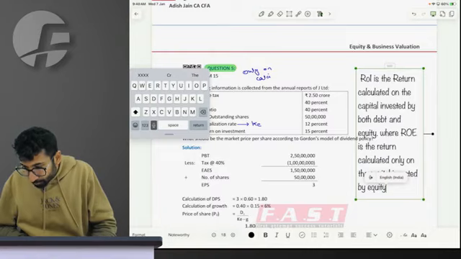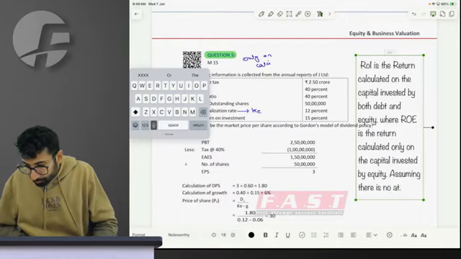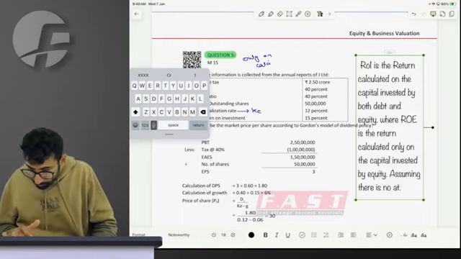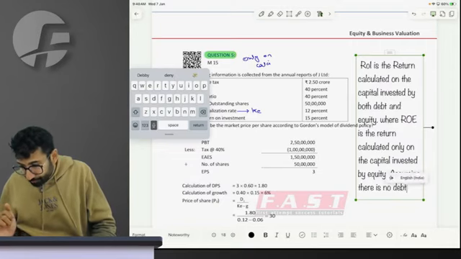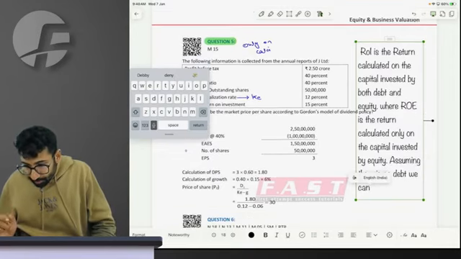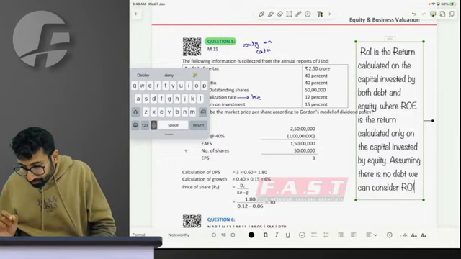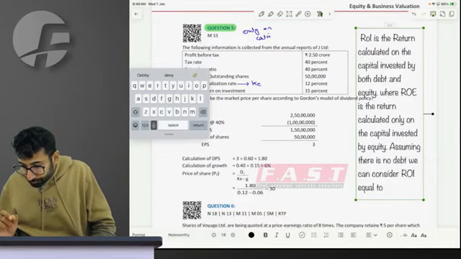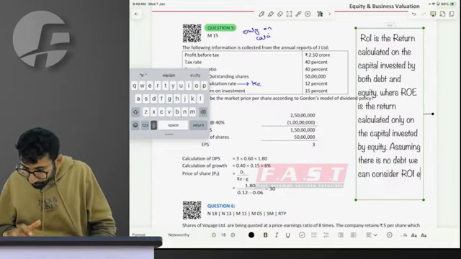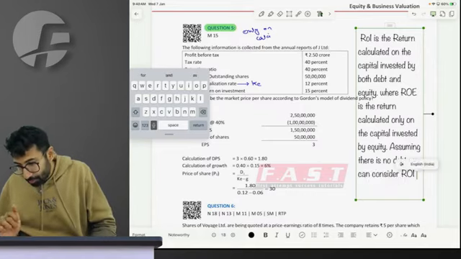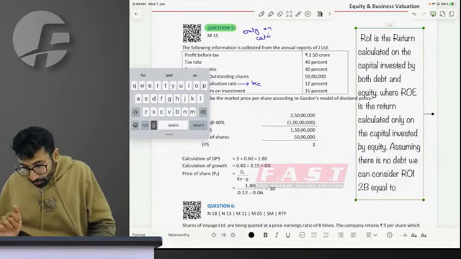Full stop. Assuming there is no debt, we can consider ROI to be equal to ROE.